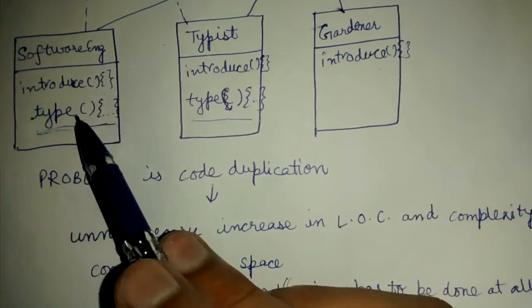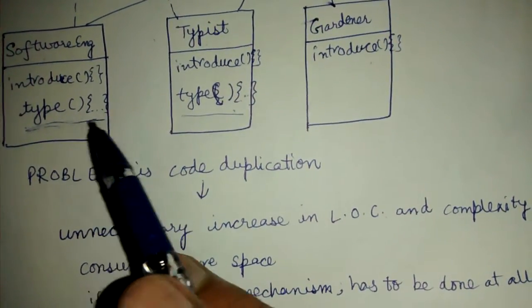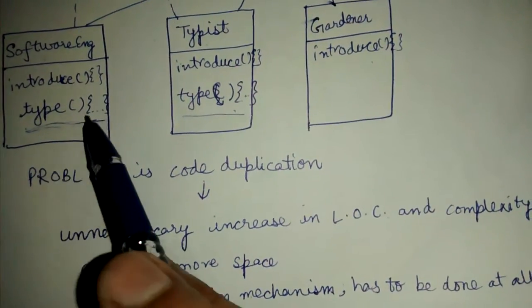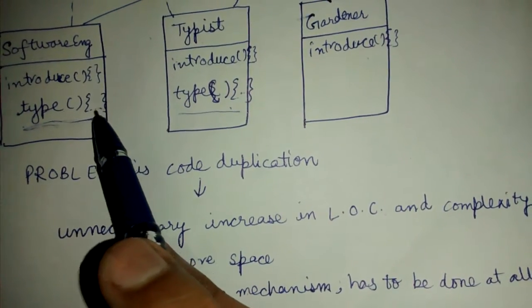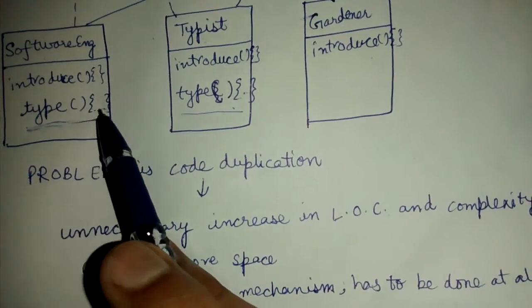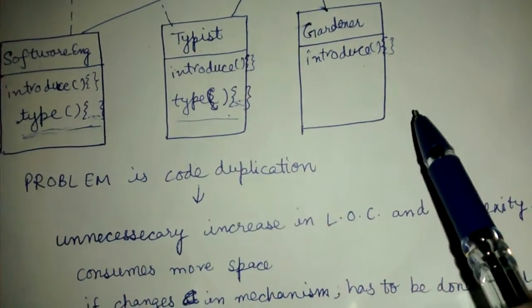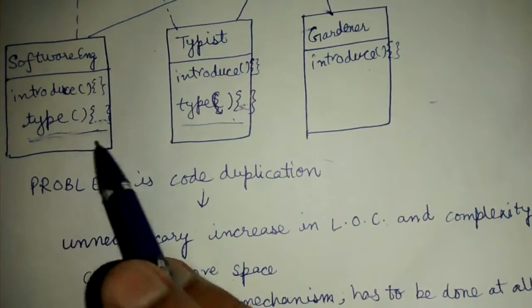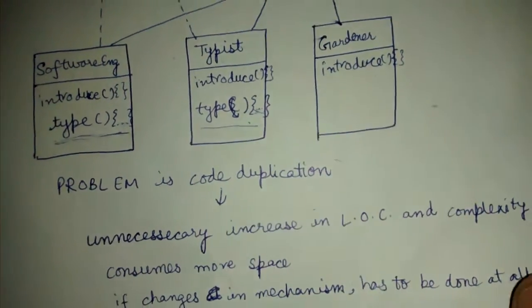So if we define type method in all the classes which require it and we are providing the same implementation, let's say tomorrow if we want to change the mechanism of typing, so we want to do some modifications in the implementation here, so we have to do it in software engineer, separately do in typist. Suppose we forget to do it in some class, then it will cause a problem. So we want all the implementation of type method at only one place.